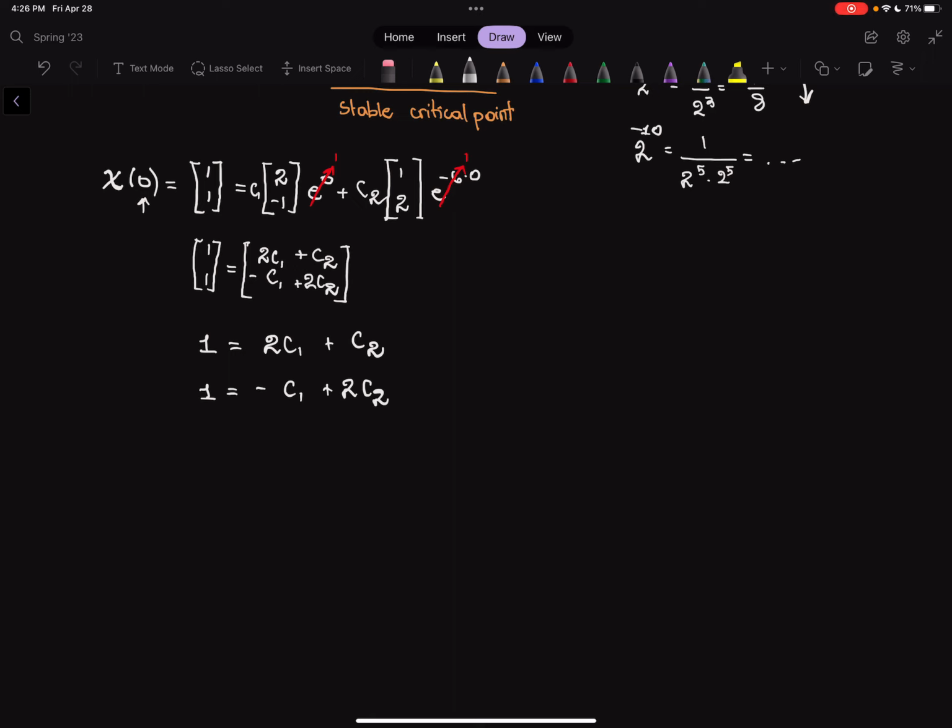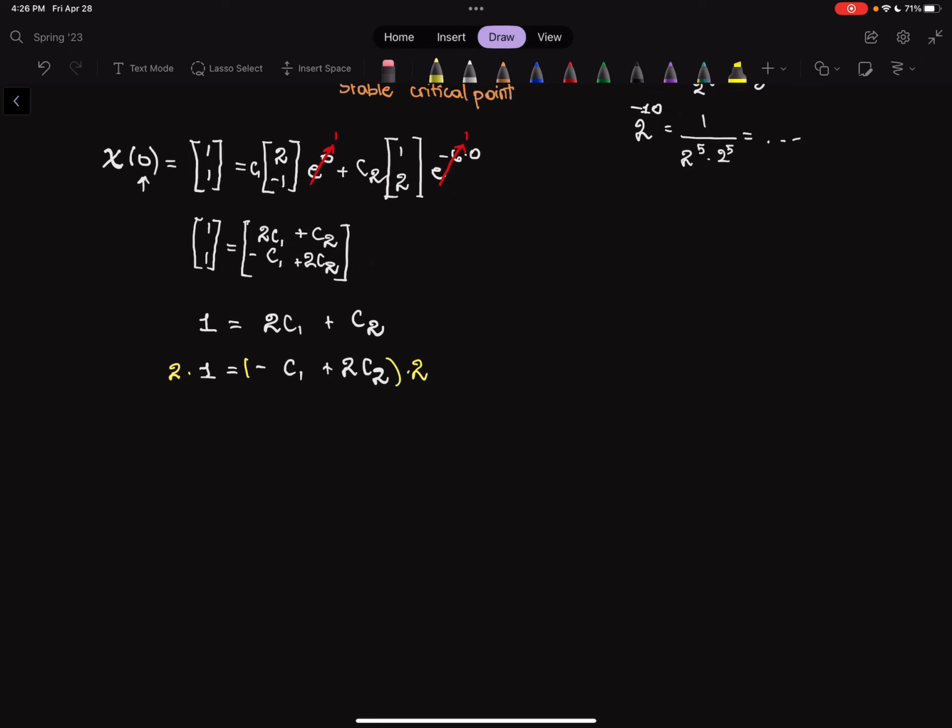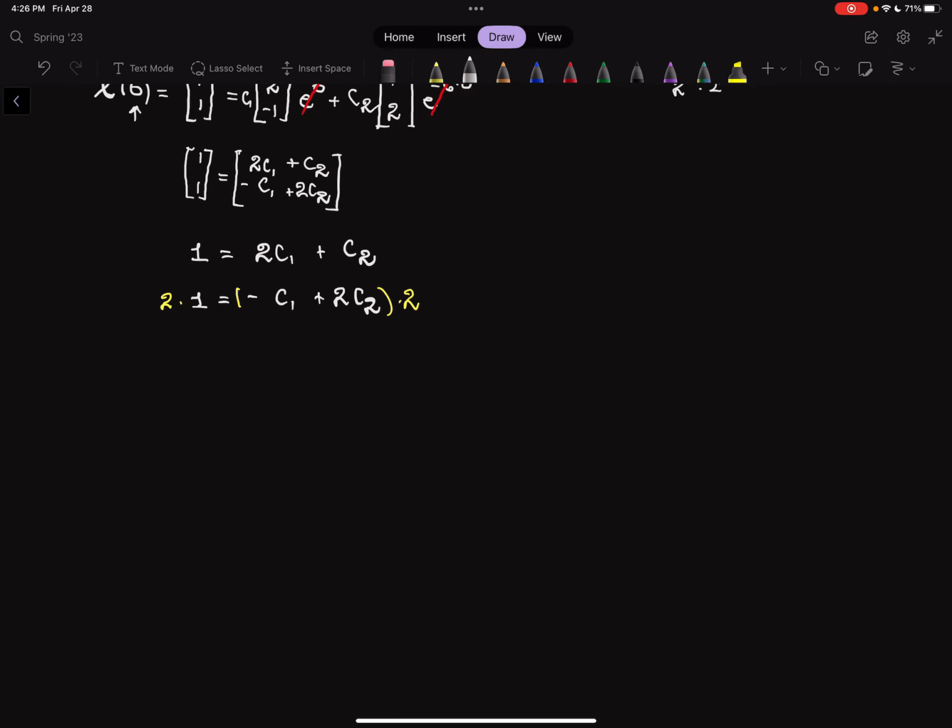Now, if I multiply this bottom by 2, because I know that if I multiply both the left and the right by the same thing, nothing will change, then this becomes a negative 2C1, and this was already a 2, so this becomes a 4C2.